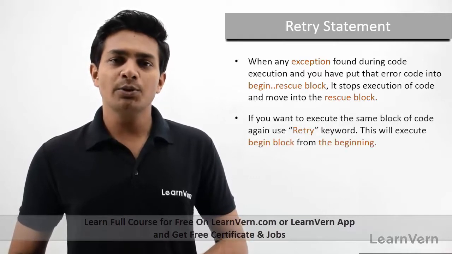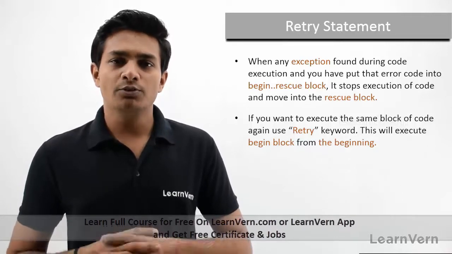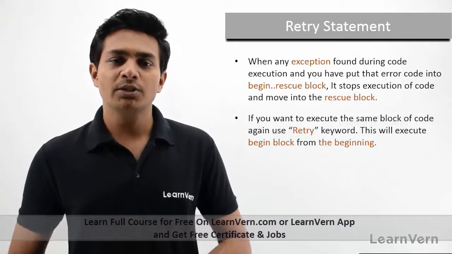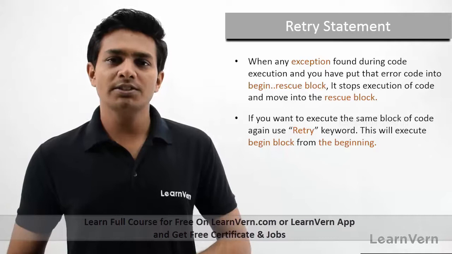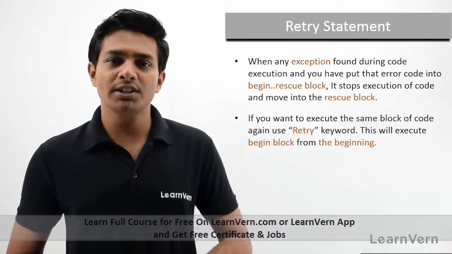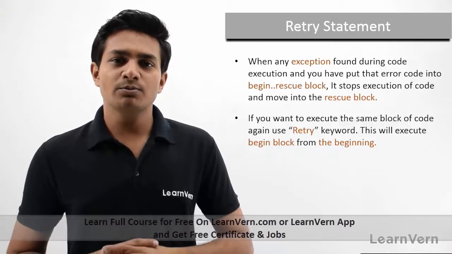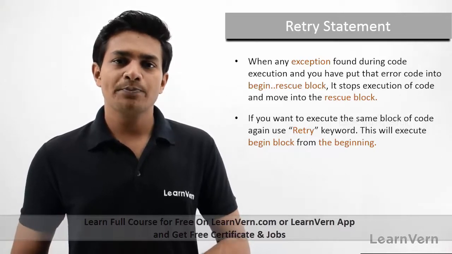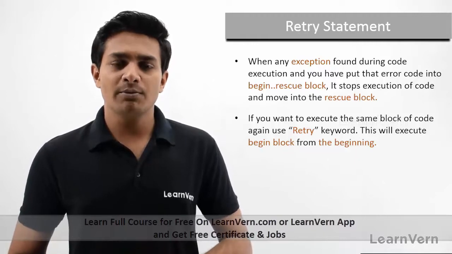Here, suppose you want to execute your block of code again. What will you do? For this scenario, we can use the retry statement. What the retry statement does is, whenever any error occurs, it will move to the rescue block, and in our rescue block we can use the retry statement.